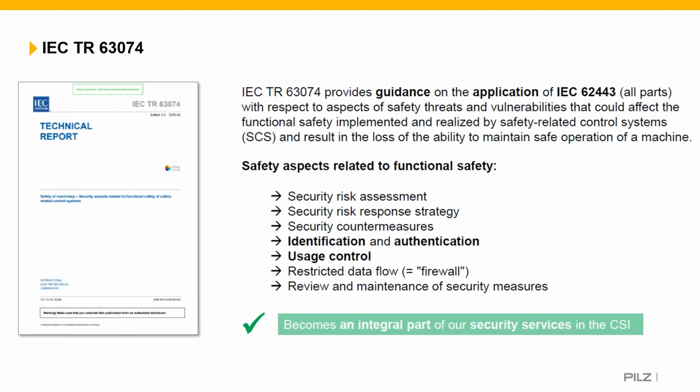So we have technical report 63074 that gives us guidance on the application of the new security standards, in that we need to do a security risk assessment, which is an add-on to see who we are going to allow into guarded areas or give access to. So it's just a reminder that there are other considerations. We're not going to go into any real detail on that today, but there are more things to consider with interlocking devices.